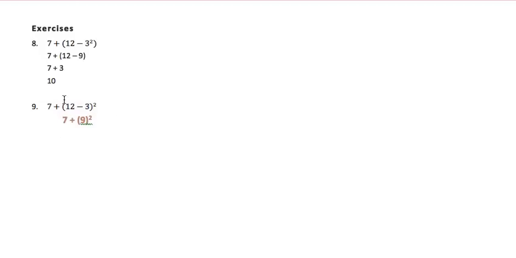So until I solve the exponent part, I need to keep everything that's inside the parentheses still inside the parentheses. So next we do our exponent. 9 squared is 81. And then finally, 7 plus 81 is 88.